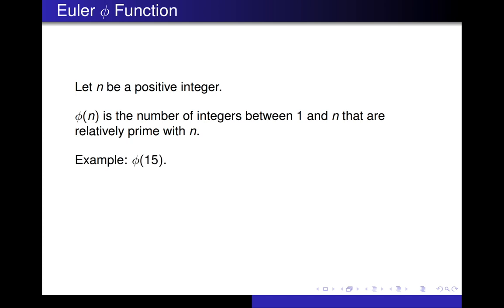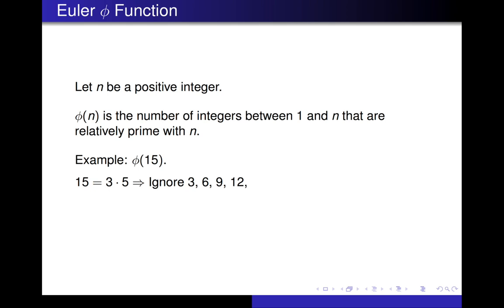So just as an example, let's look at phi of 15, and I'm going to use our indirect way of counting. Instead of counting the numbers that are relatively prime with 15, I'm going to count the numbers that aren't. Remember, 15 is 3 times 5, which means we have to toss out all multiples of 3, including 3, 6, 9, and 12.